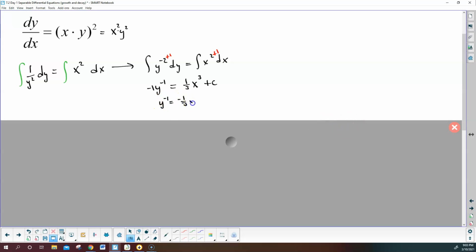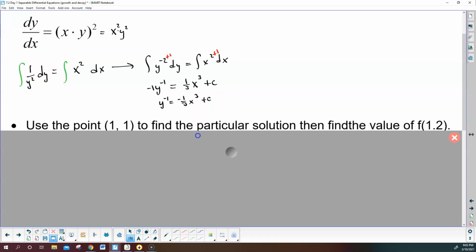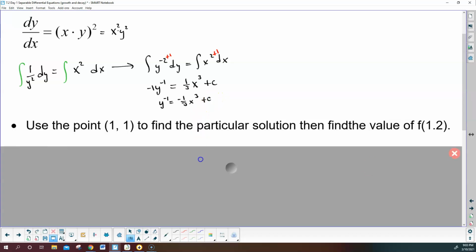So that'll be negative 1/3 x to the third. Now here's a tricky spot. C stands for constant. We don't know if that's a constant positive or negative, so if I divide by a negative, that's not going to change c being a constant. So I'm just going to call it c. It kind of absorbed that negative. I know it's a little odd.